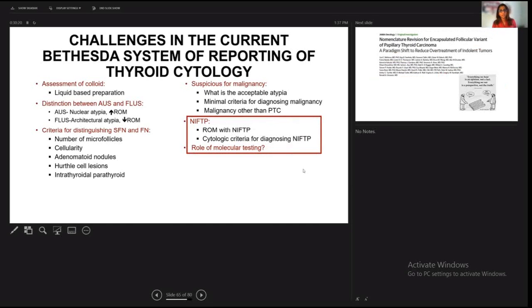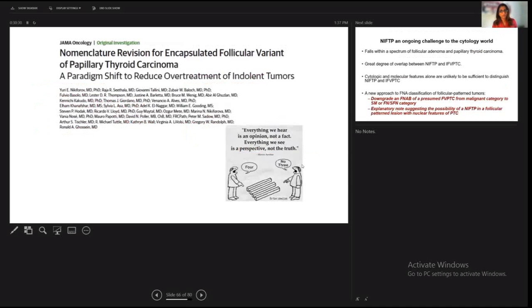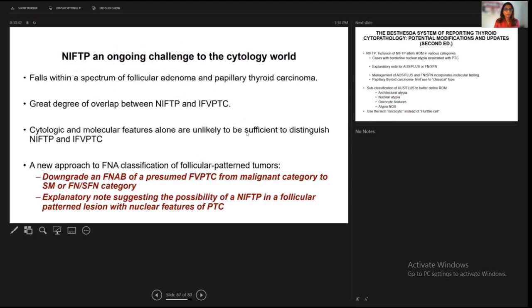It is a terminology that was introduced more recently, in 2016, and now we have included NIFTP in our Bethesda system and given it a potential risk of malignancy. This is that big landmark paper that first introduced the terminology of NIFTP for encapsulated follicular variants of papillary thyroid carcinoma. It still proves to be an ongoing challenge in the cytology world.